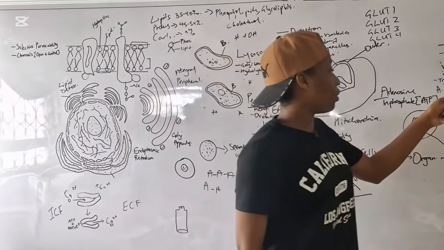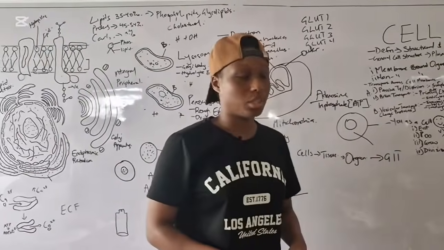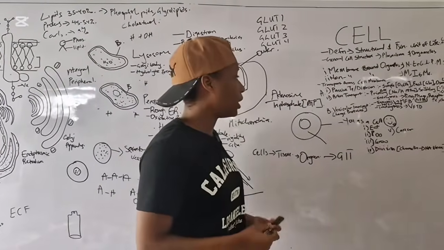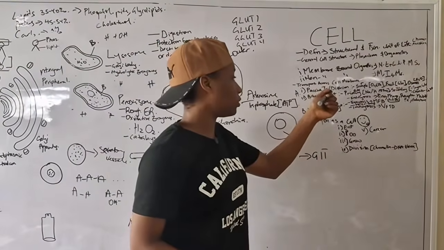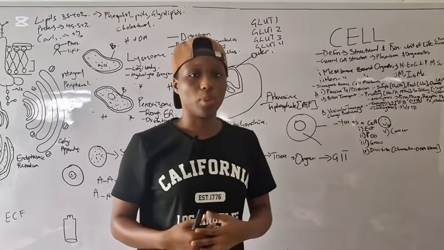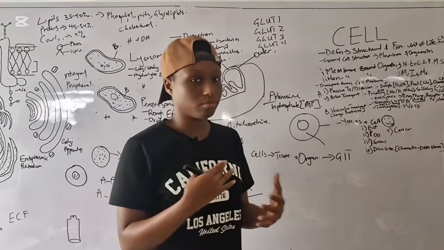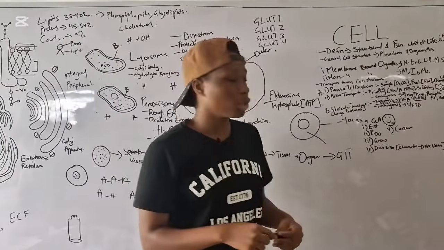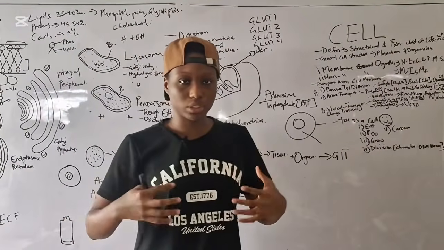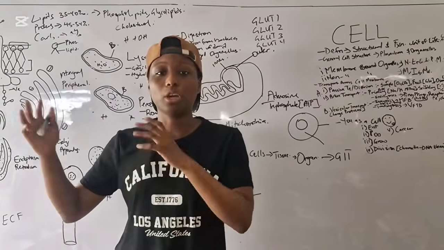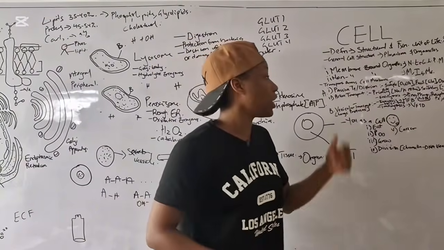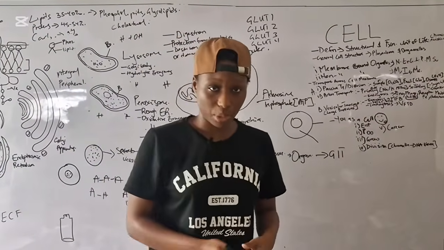Okay, so the first one under our molecular division is passive transport or diffusion. From our elementary knowledge of physics or chemistry, diffusion is the movement of molecules from a region of higher concentration to a region of lower concentration, in this case through a selectively permeable membrane.